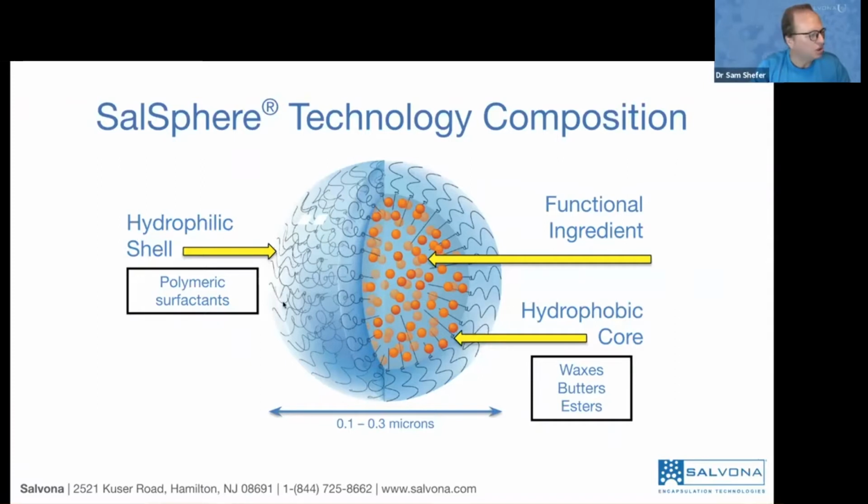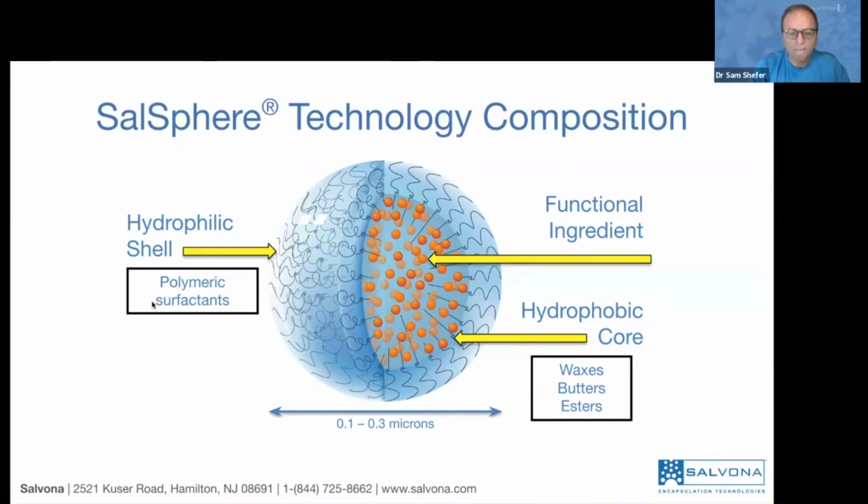What's unique about the shell? It's typically hydrophilic. It's a polymer or polymeric surfactant structure, and this is the basic feature of Sal sphere. It's always considered to be a suspension. This is the word, suspension. Suspension is different from emulsion. The major difference is that a suspension suspends small solid particles, compared to an emulsion.